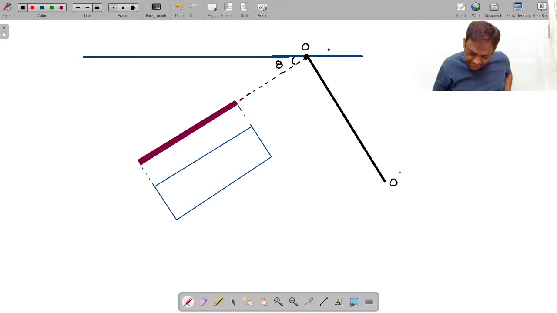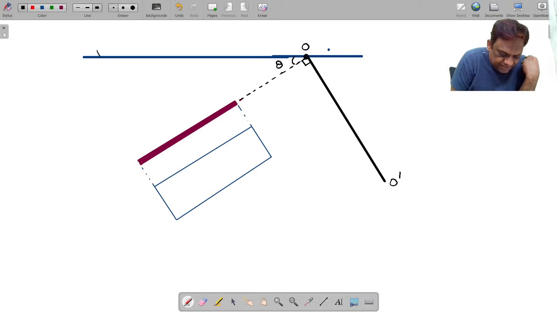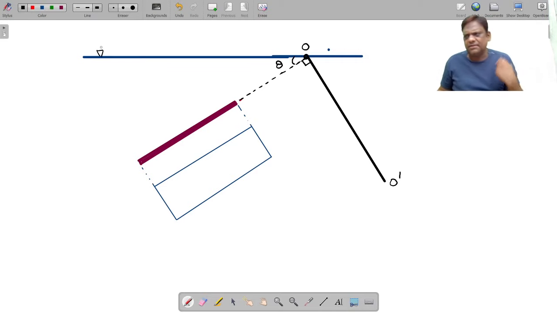Let this be O dash. Listen, this and this are parallel, ये और ये parallel है, and obviously this is 90 degree. See, this is a very important derivation. Now, this is the free surface.